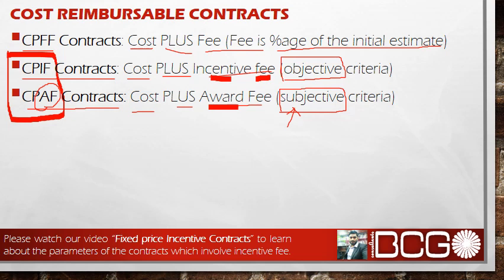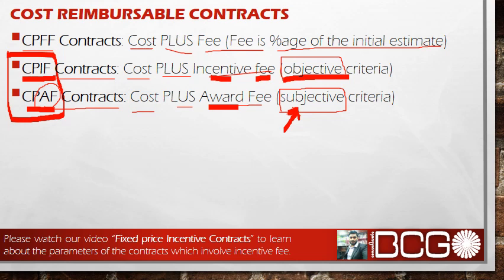So the only difference between these two types of contracts is, in an incentive fee contract you have an objective criteria. You can measure the performance of the supplier, whether it was poor or good. But in case of award fee, you don't have any objective; there is only a statement, as we said as an example, if the customer becomes happy, you will be given some incentive. So there is no way we can calculate the customer's happiness, right?